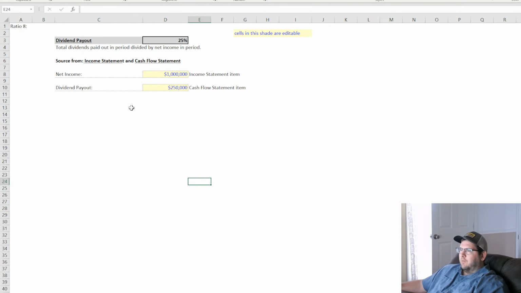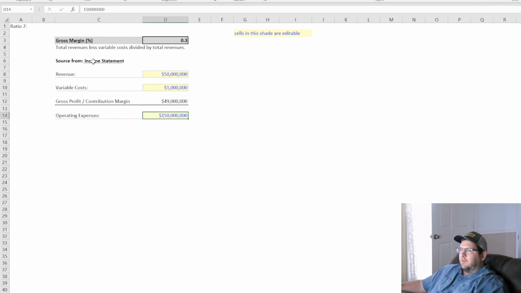Higher is better. Dividend payout, I guess this doesn't, I mean, it depends. It's not empirically better or worse for that dividend payout ratio. This, higher is better for sure. If my OPEX is only like 10 million or a million, it's higher and that's better.